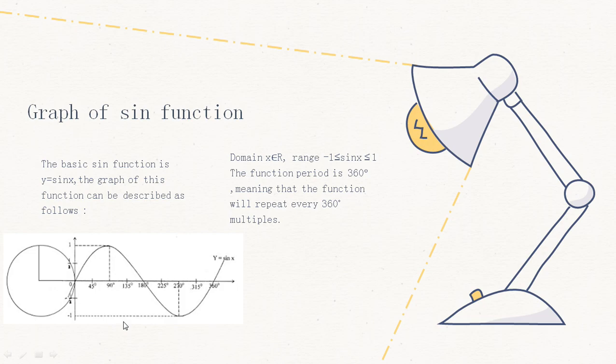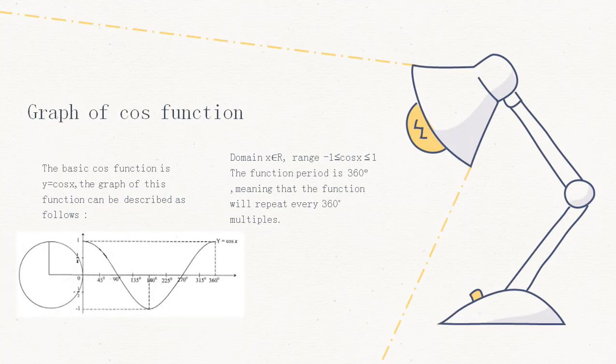The domain is x an element of the real numbers. The range is -1 less than or equal to sin x, and sin x less than or equal to 1. The function period is 360, meaning that the function will repeat every 360 degrees.